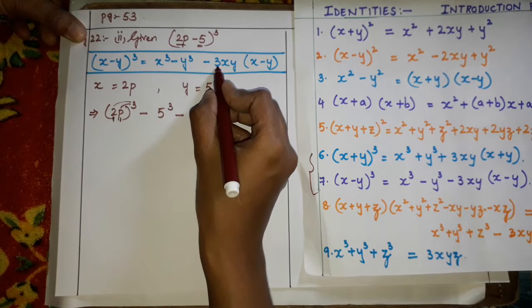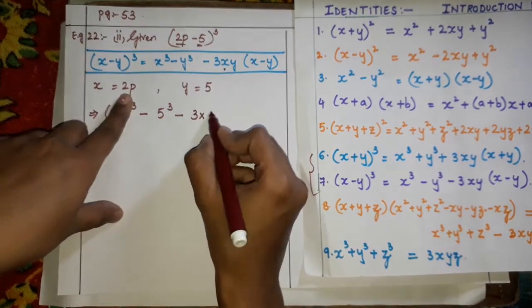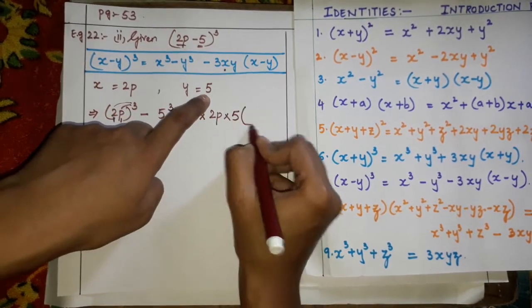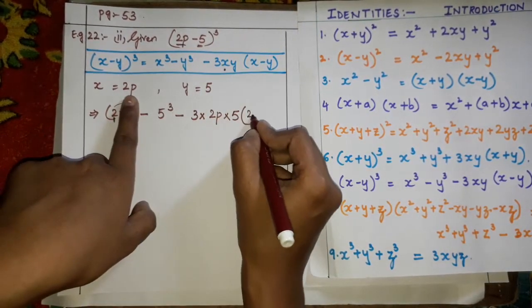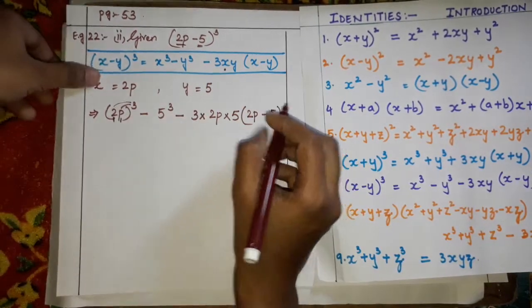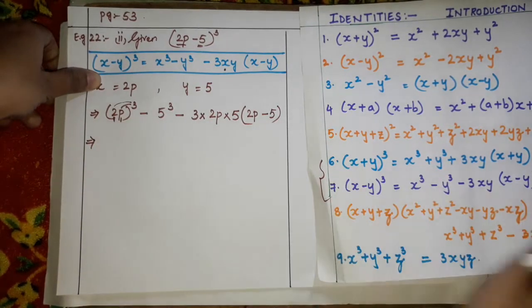Now minus 3 as it is. x is nothing but 2p. What is y? y is nothing but 5. Open bracket. x is what? 2p, minus y is what? 5. Okay, now 2p whole cube.